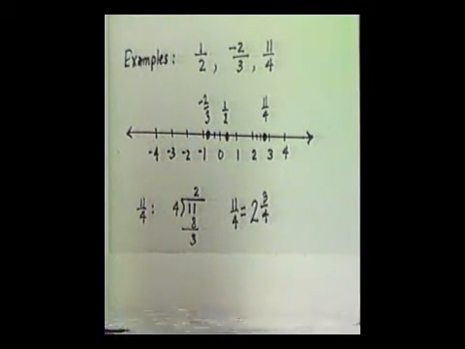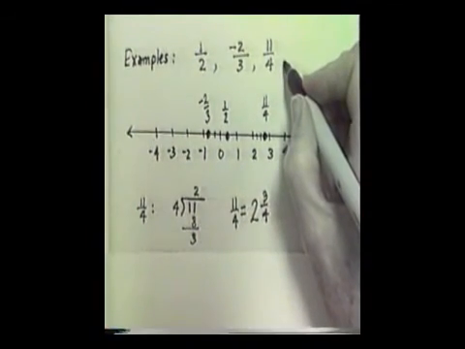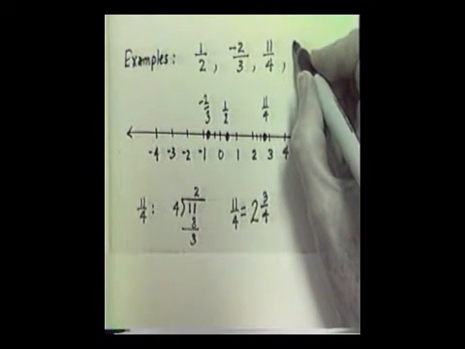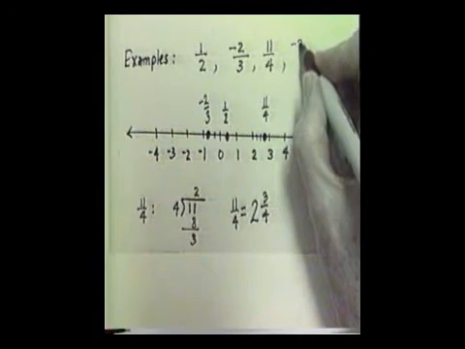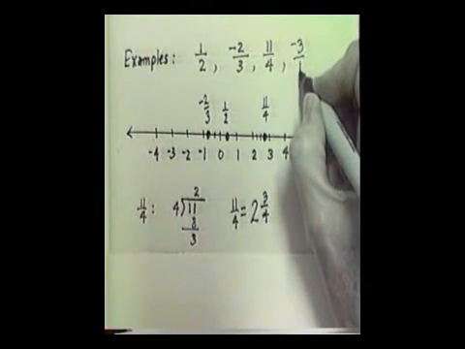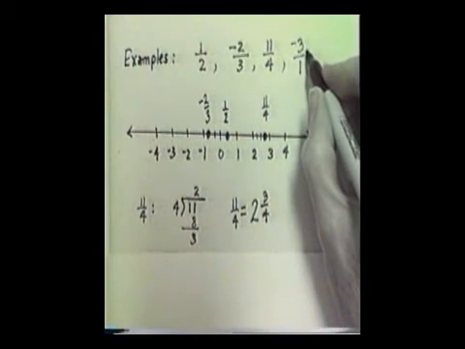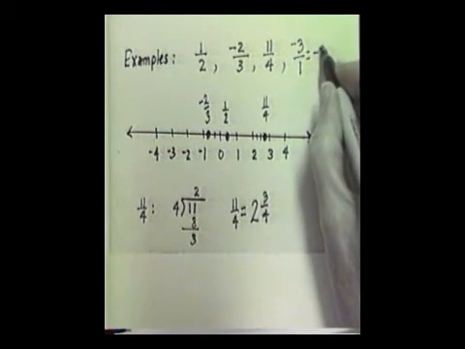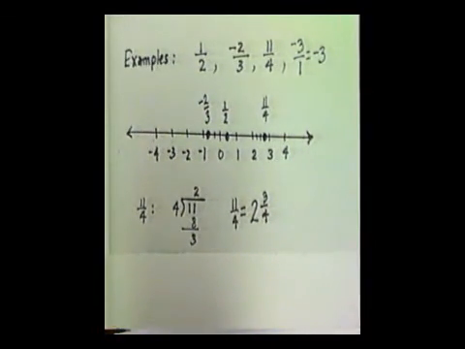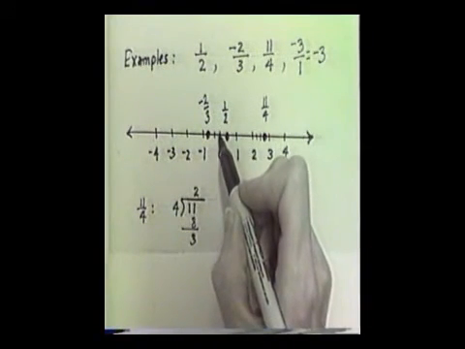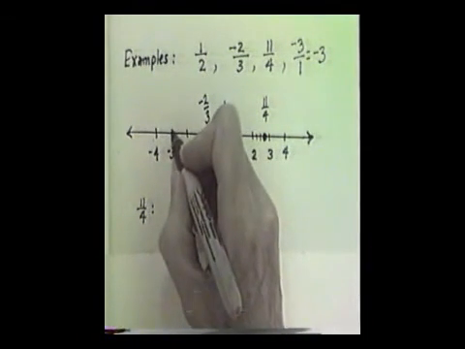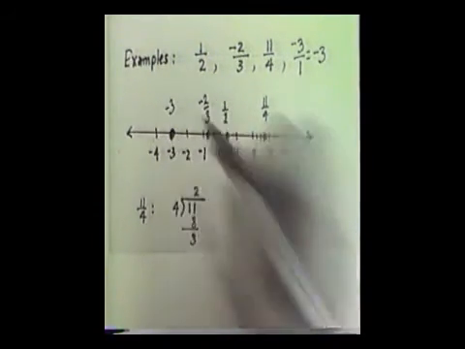Another example of a rational number is the rational number negative 3 over 1. Negative 3 over 1 is the same as negative 3, and so that means we can locate negative 3 on a number line in the place that it already occupies. Here's negative 3.